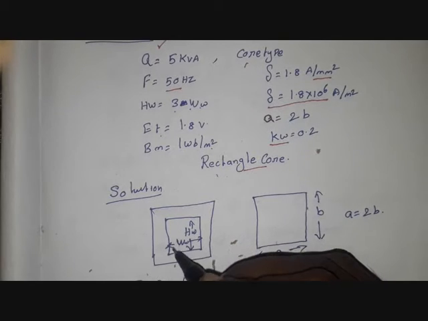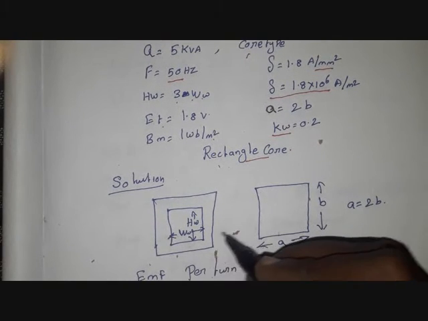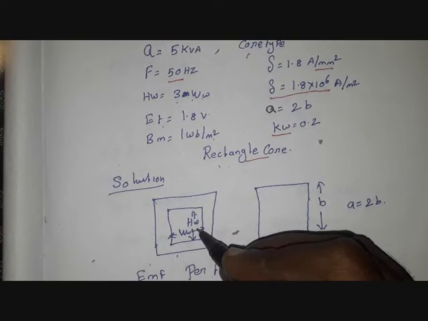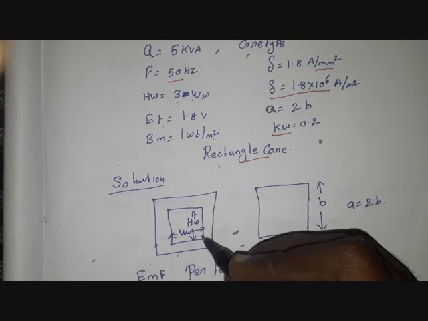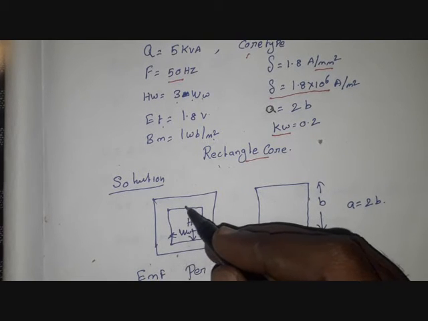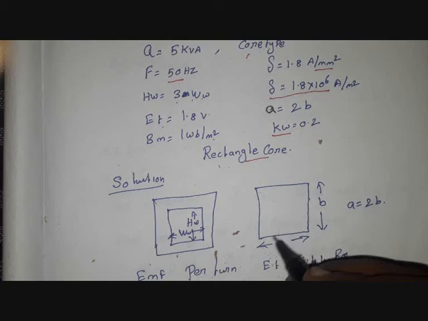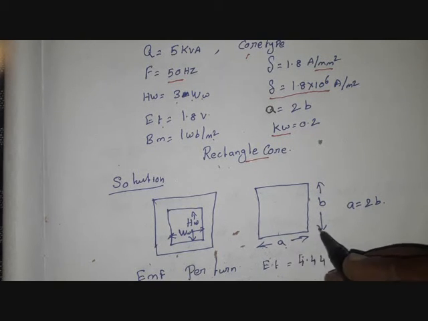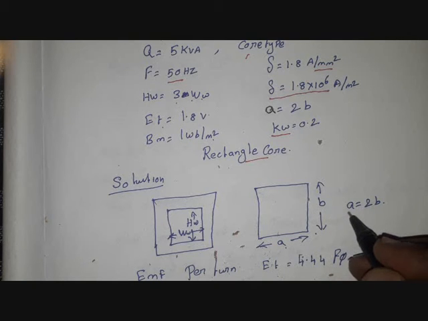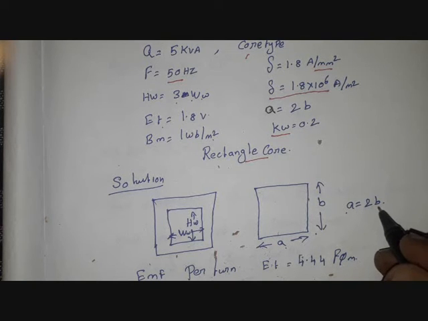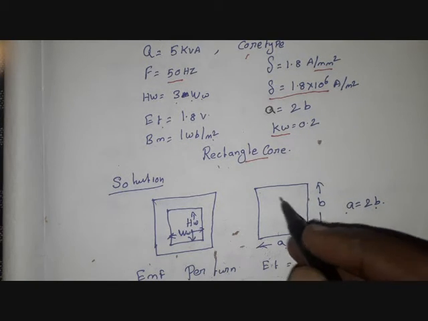Here let me take this as the core of the transformer. This is the width, that is the window area. The inner area is the window area. The outer is the height and width. Here it is a rectangle. This is taken as A and this is taken as B. So A is equal to 2B, that is given in the question.